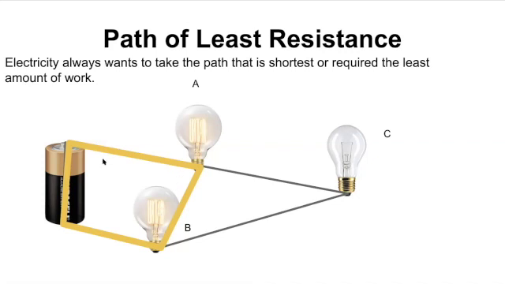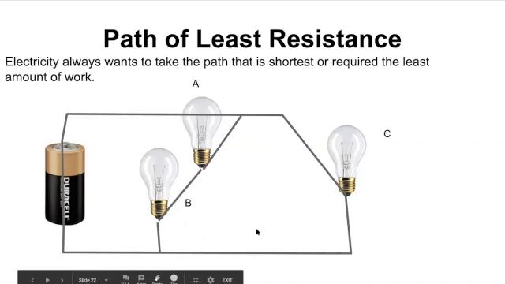This is the path of least resistance for our electrical flow or electron current. It is the shorter path, and it also has less resistance because we are only lighting up 2 light bulbs instead of 3.